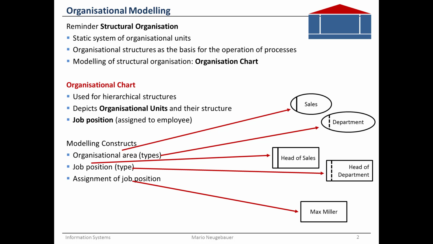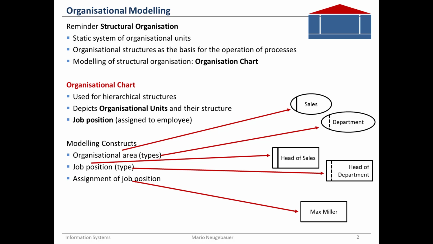And then you see here different modeling constructs. On a higher level, there are areas in the organization where you, for example, describe a certain department, like the sales department, or you describe an organizational area regarding the type.